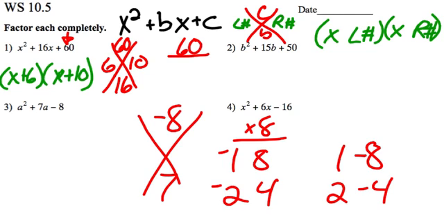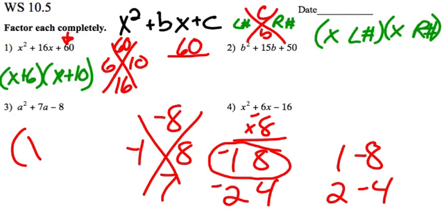One of the two numbers has to be negative to multiply to a -8. So pretend it's not a multiplication problem, pretend it's an addition problem. Which ones add to +7? Right there. These two numbers multiply to -8 and add to +7. So x minus 1, x plus 8.